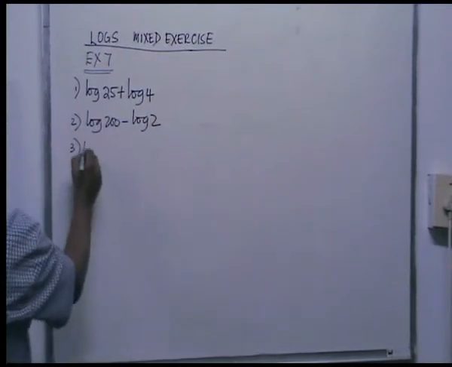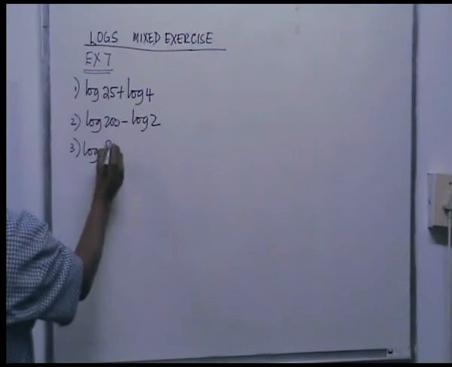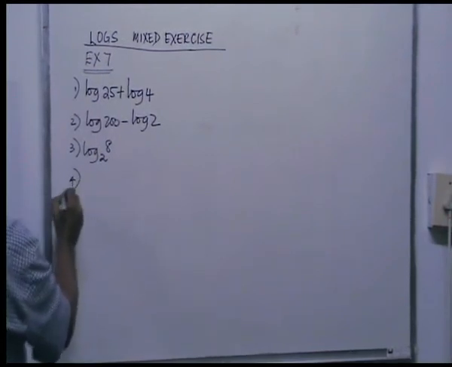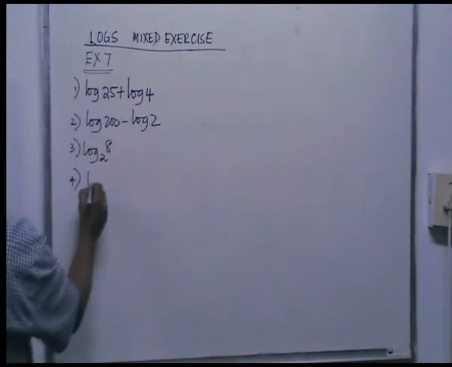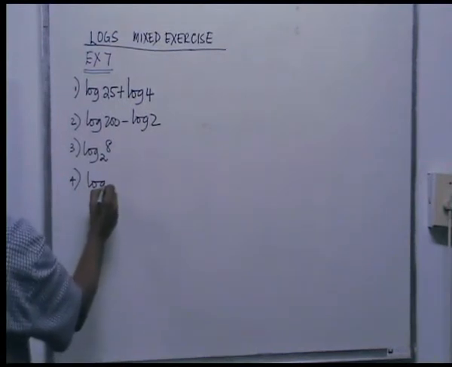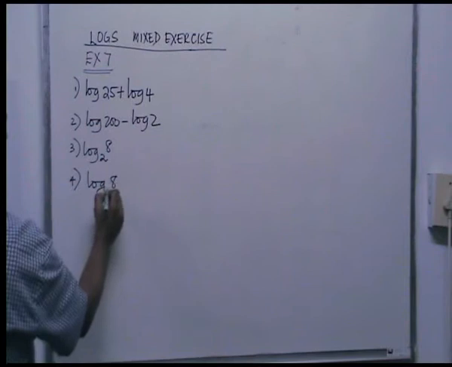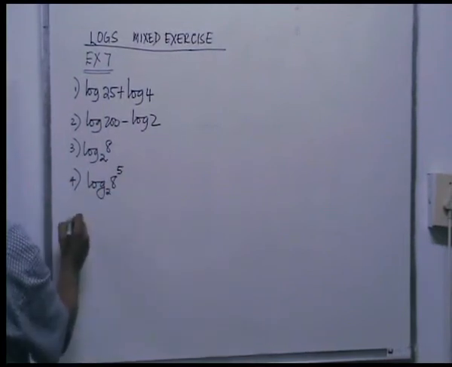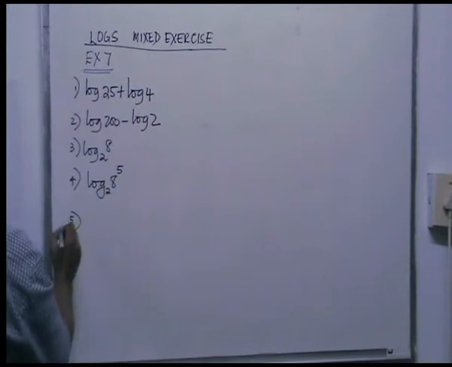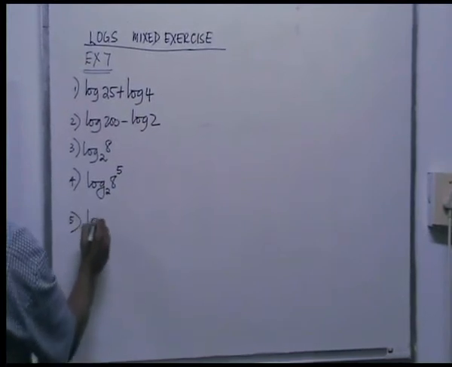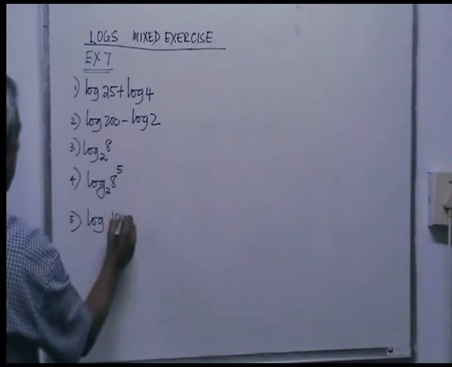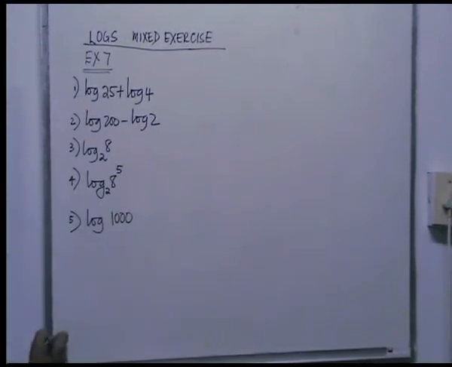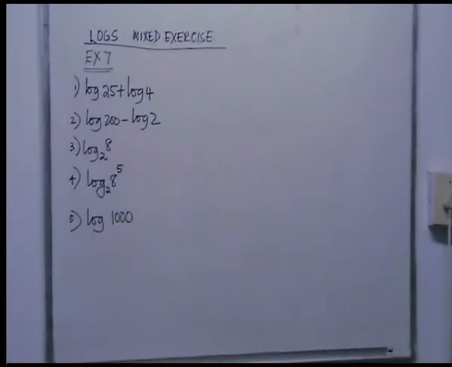Number 3, log of 8 to the base 2. Number 4, log of 8 to the base 2 to the index 5. And number 5, log of 1000. Now we're going to take you through a number of examples. We'll do it 5 at a time.